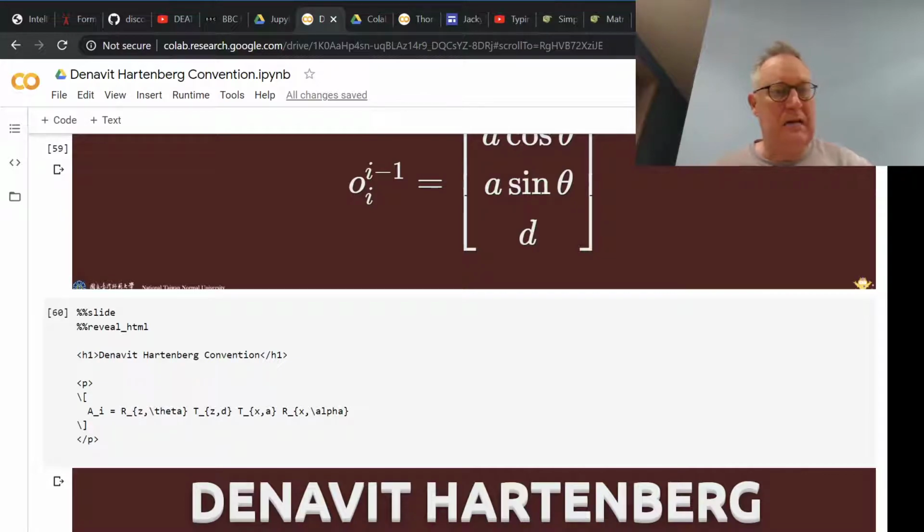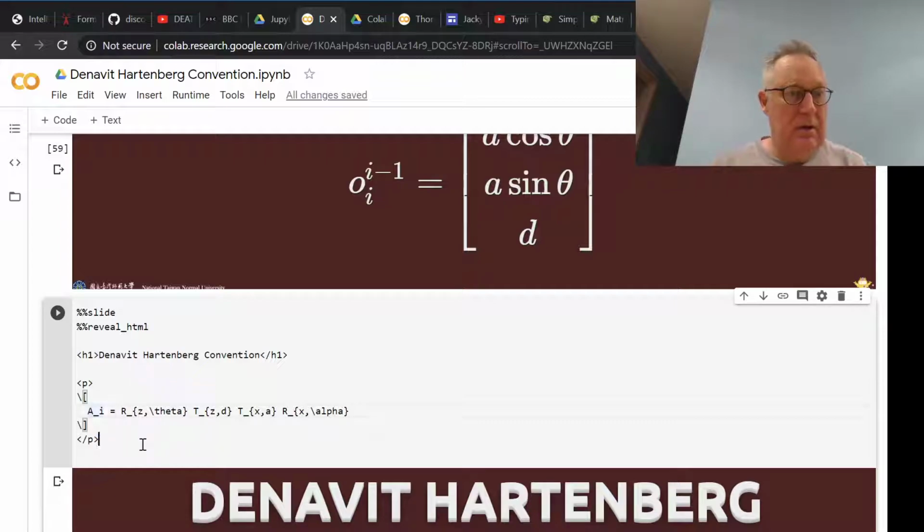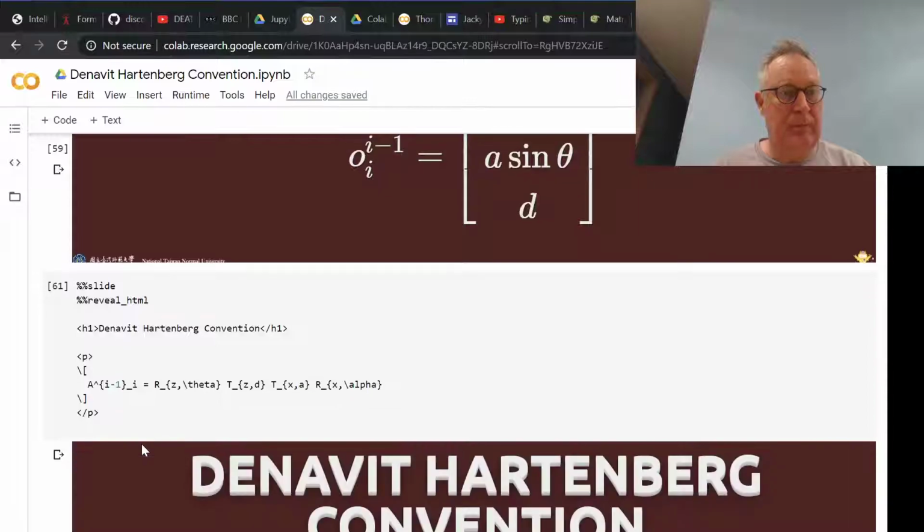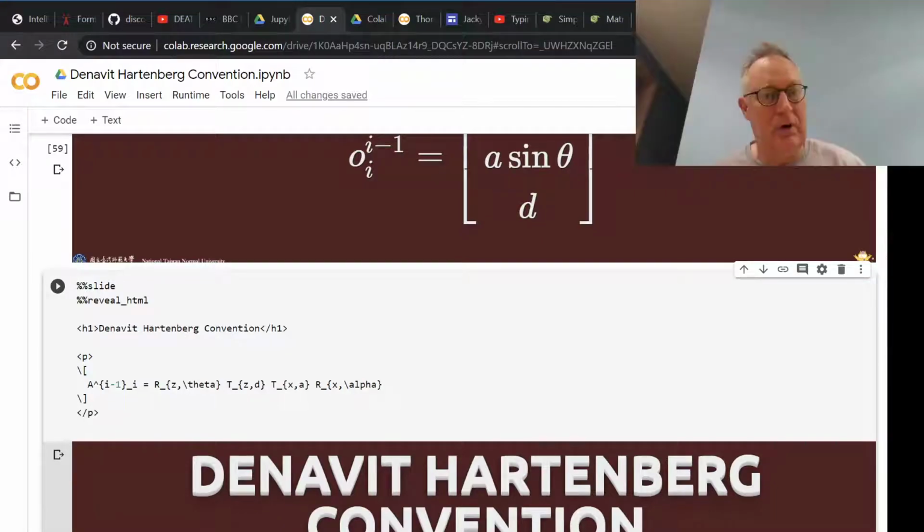So to get from the previous coordinate system to the current one, rotate along z by theta, translate along z by d, translate along x by a, and then rotate along x by angle alpha. So that's where our four numbers come from, right?